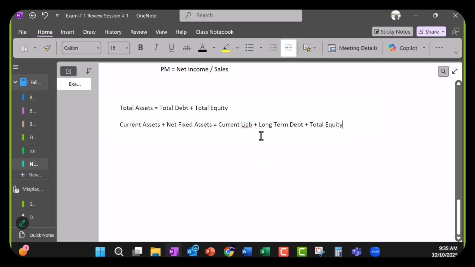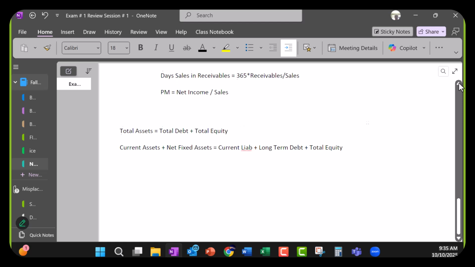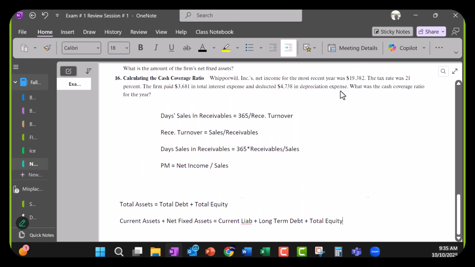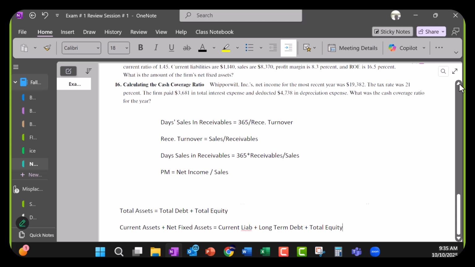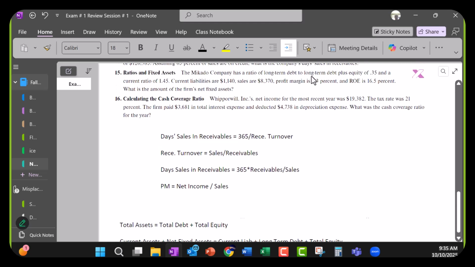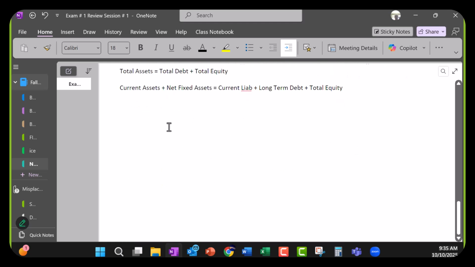All right, let's see what we know. We know the ratio of long-term debt to long-term debt plus equity. So I'm going to write that as LTD over LTD plus total equity is equal to 0.35.